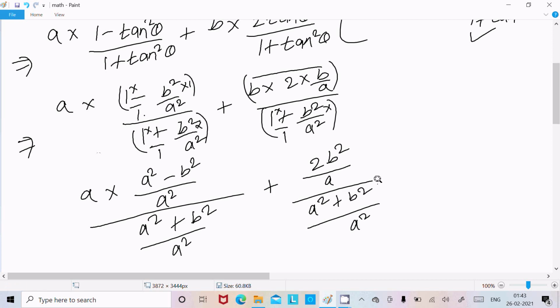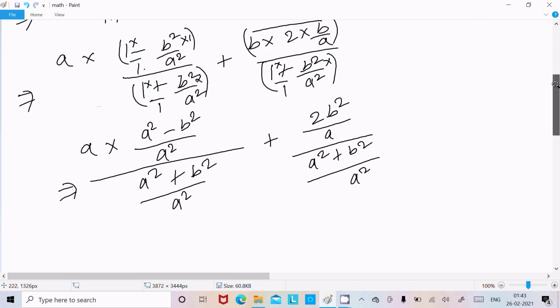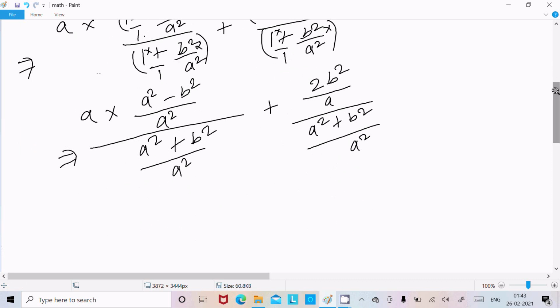So this is b square. Now hereafter we need to solve this. Here a square is going to cancel, and 1a cancels with 1a. So in the numerator a square minus b square comes, divided by a square plus b square.